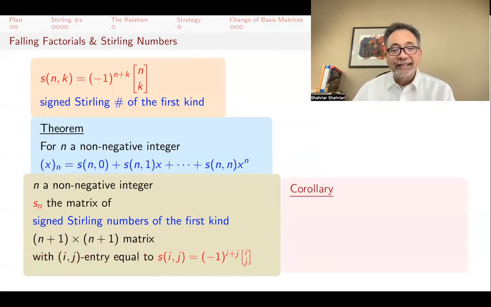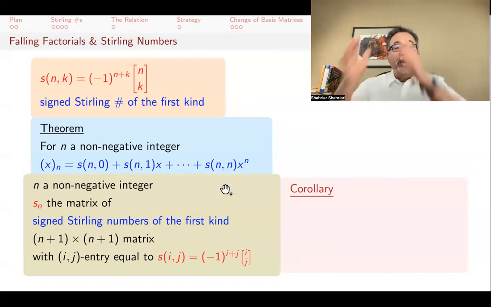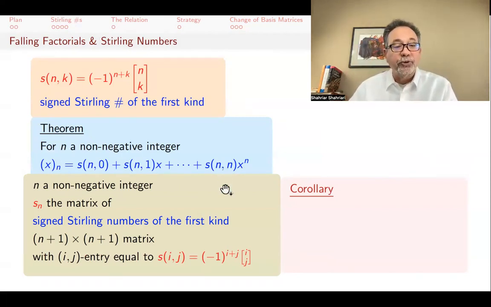And so if you believe that theorem, the subject of a previous video, then that means that I wrote the falling factorials in terms of powers of x. And so these coefficients are going to be a column, and that's why I'm getting a transpose, because one row of these signed Stirling numbers is going to become a column of my change of basis matrix.